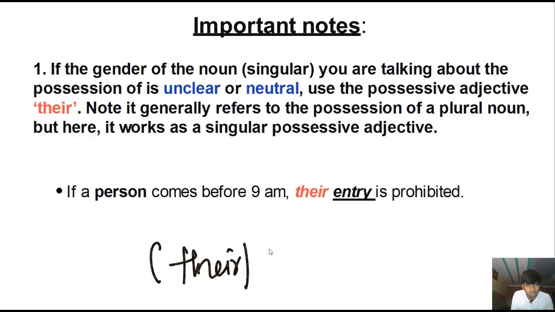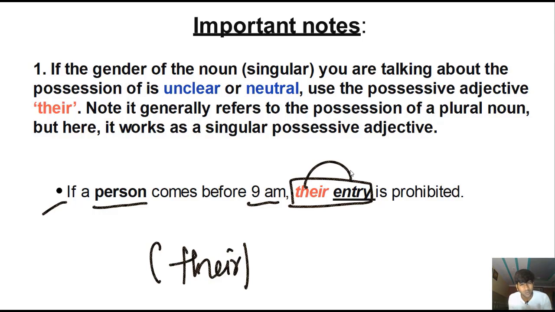So let's look at this example. If a person comes before 9 a.m., their entry is prohibited. Their entry is a noun phrase here. Entry is the noun, their is a possessive adjective.